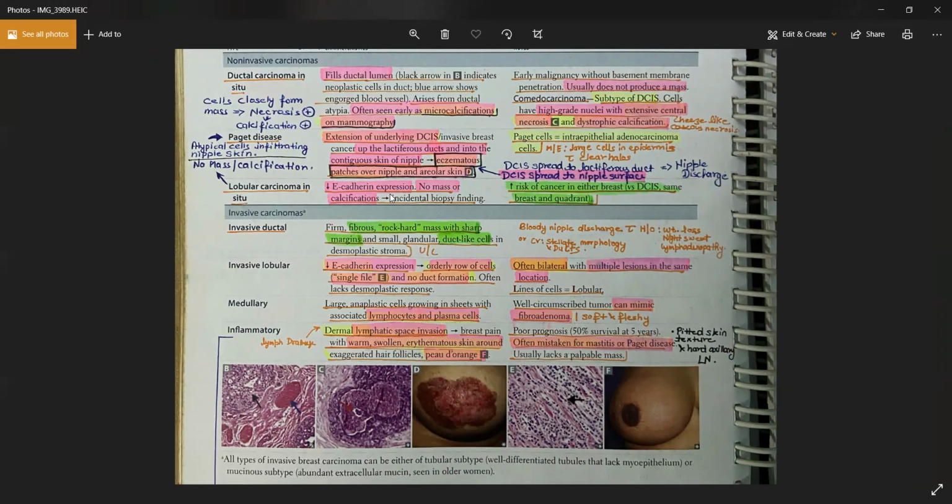I thought that loss of E-cadherin was the reason why they could metastasize past the basement membrane. Exactly. In order to metastasize, you need to detach from the surrounding cells first.